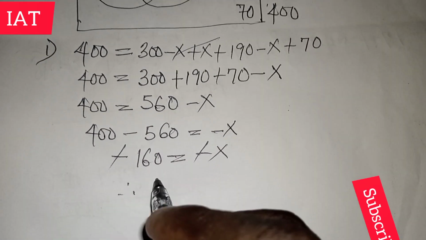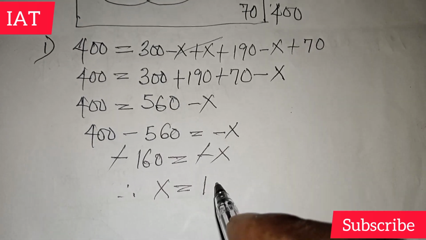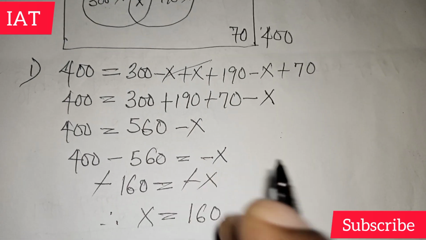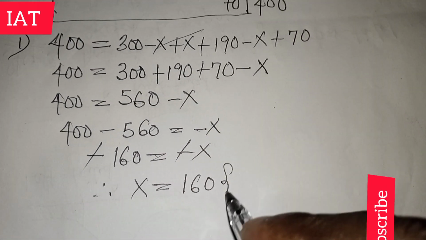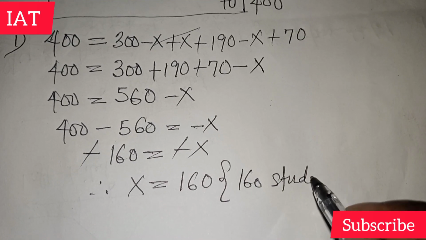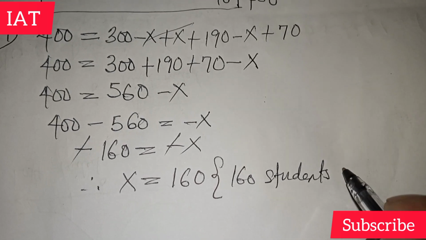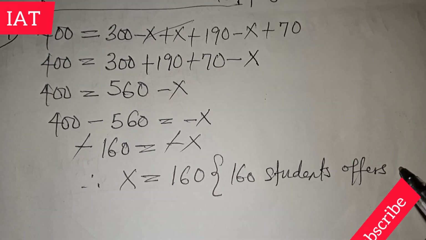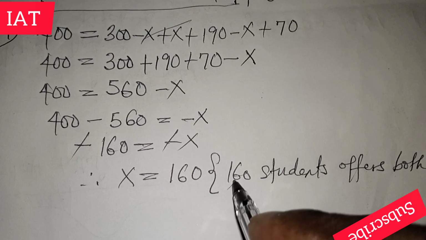Therefore, X equals 160. What does that mean? It means that 160 students offer both subjects.